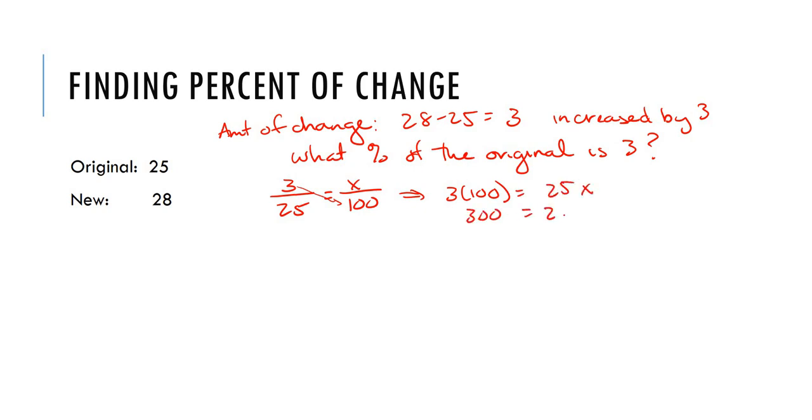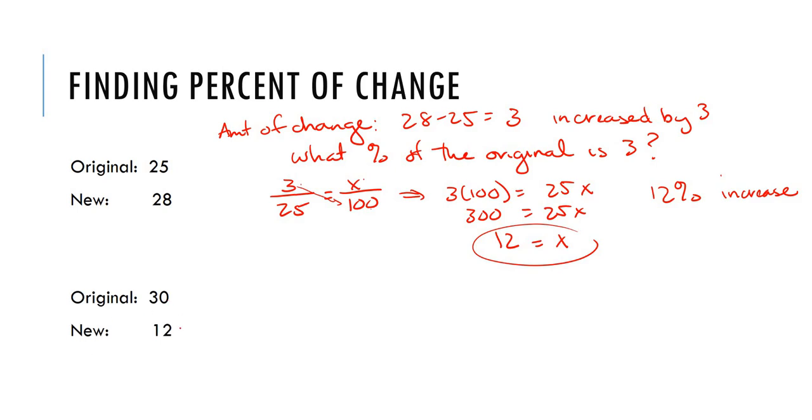So 300 equals 25x, and if I divide by 25, I get 12. This is the percent. 12 out of 100 is the same as an increase of 3 out of 25. So the percent of change is 12%, and we want to note that this is an increase.